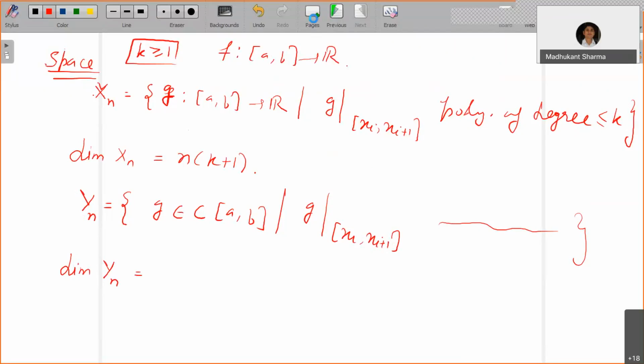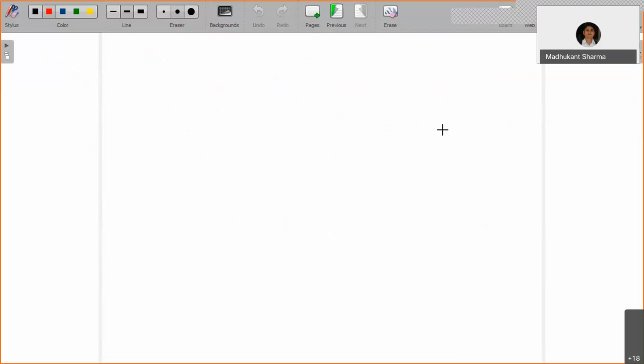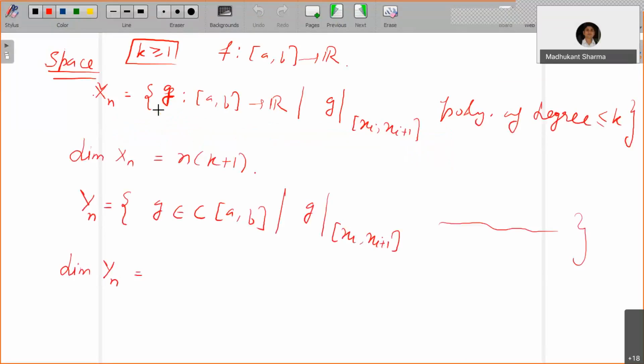These are the continuity conditions at the interior points x1, x2, up to xn minus 1 of the interval [a, b]. So n minus 1 conditions are there, and from the earlier n into k plus 1 we lose one condition at each of those n minus 1 points.